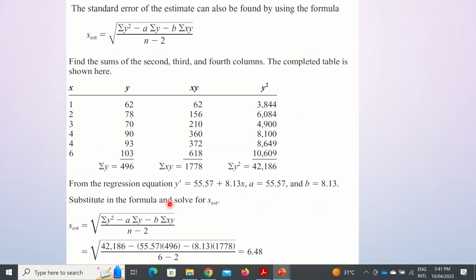Here is the example for it, where the same data is used, and with a different formula we get the standard error of estimate as 6.48.